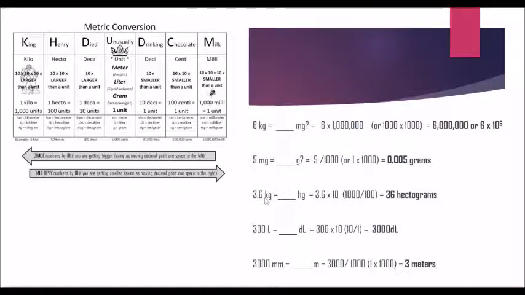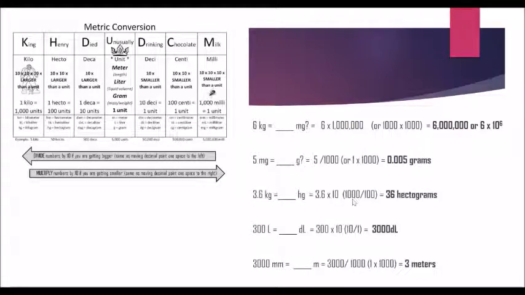Again, let's look at 3.6 kilograms. Here I am. I'm going to start with my kilo. I move 1 unit. That means I'm dividing. I'm sorry, I said division there. I am multiplying by 10, because it's going to take more of this smaller unit to make this bigger unit.